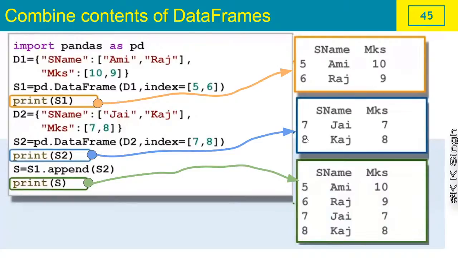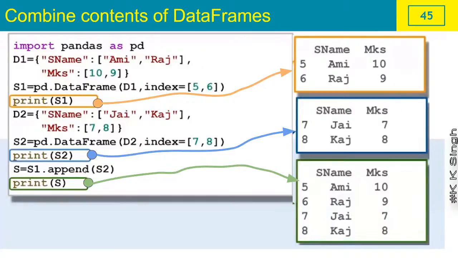And when you add these two, what is S? S is again a data frame, made from S1, this data frame, and S2, this data frame, and both data frames are added, meaning this data frame is appended to S1. So the resultant data frame will be 5, 6, 7, and 8.